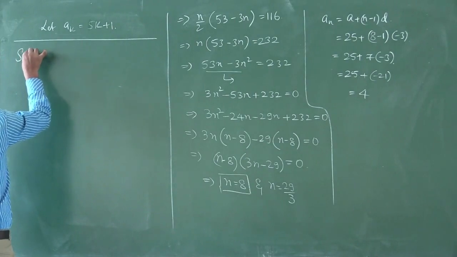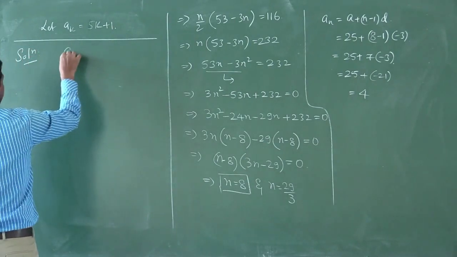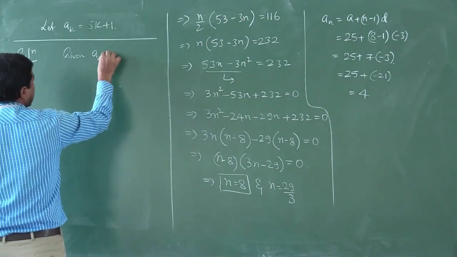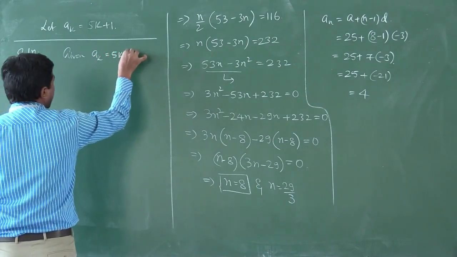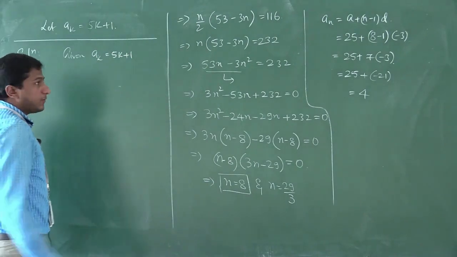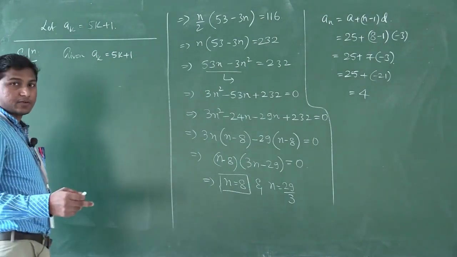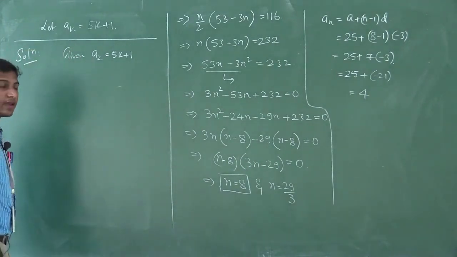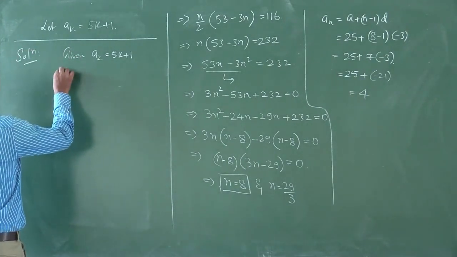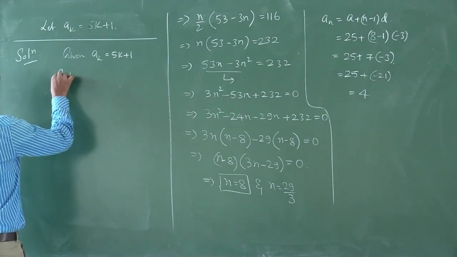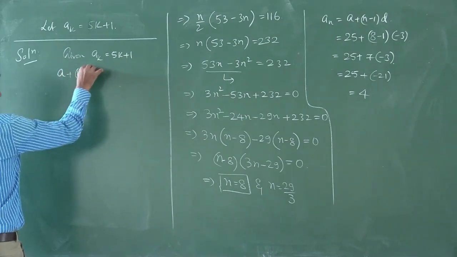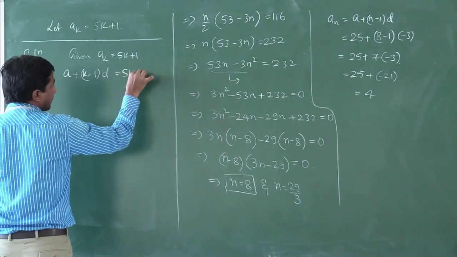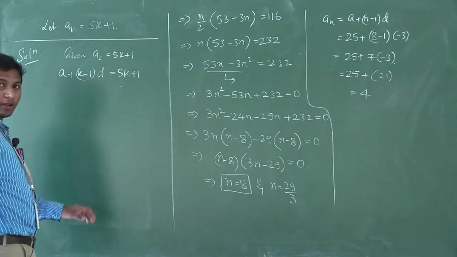What is given? ak, the kth term, is 5k plus 1. If a is the first term and d is the common difference, ak will be a plus (k minus 1) into d equals 5k plus 1.